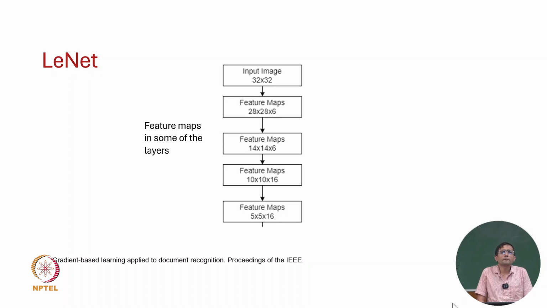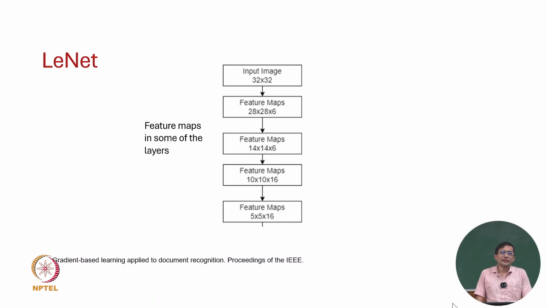However, given the 32 cross 32 input image, we progress to a feature map of dimension 28 cross 28 cross 6. From there, we are progressing to the feature map of 14 cross 14 cross 6 dimension. From there again, we are progressing to feature maps of dimension 10 cross 10 cross 16, right?